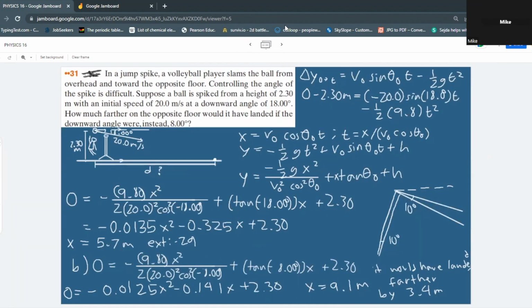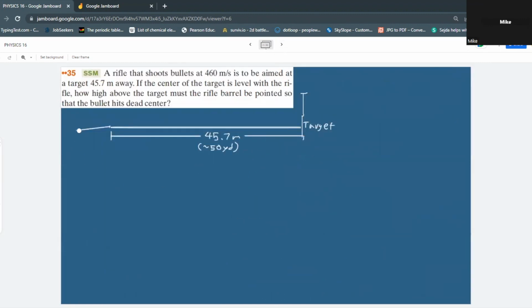Okay, so let's look at the next question. So the bullet hits dead center. Okay, so the unknown here is the angle. So the angle is here.